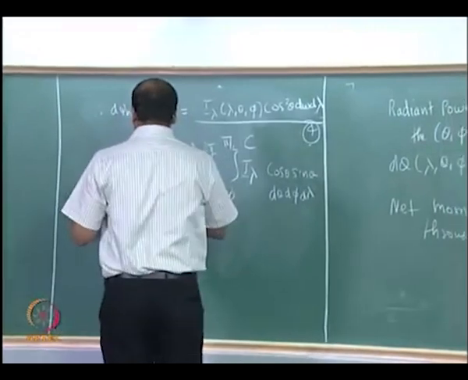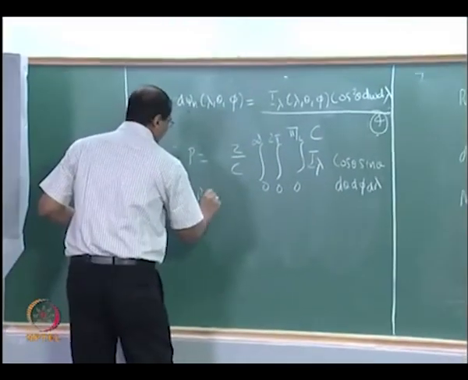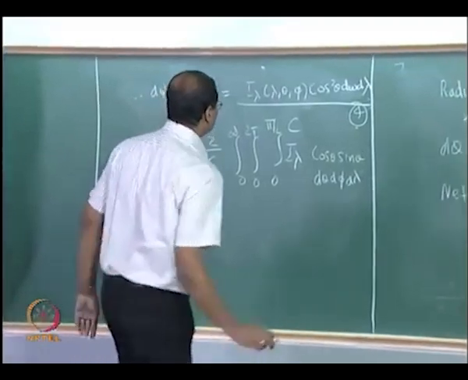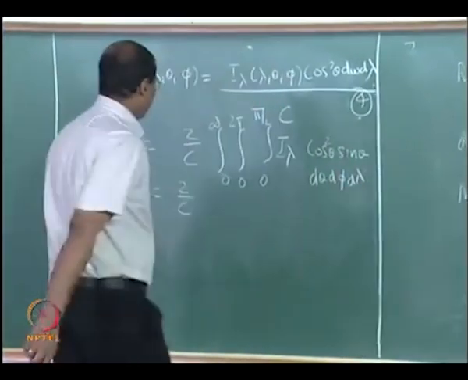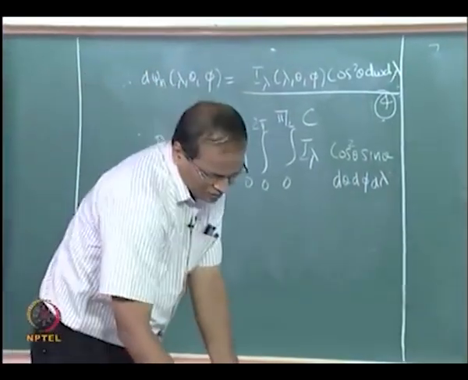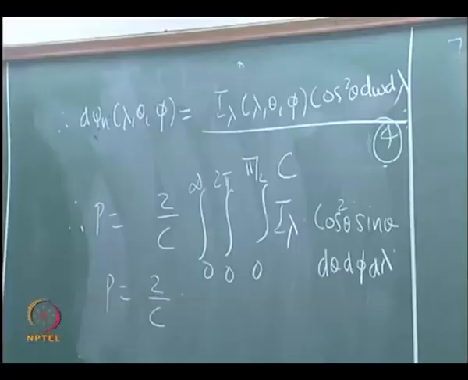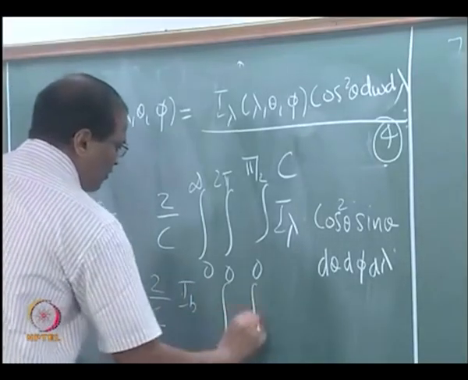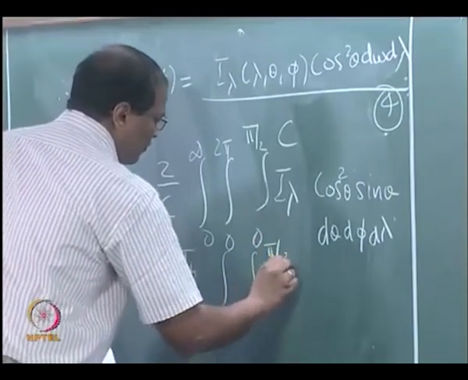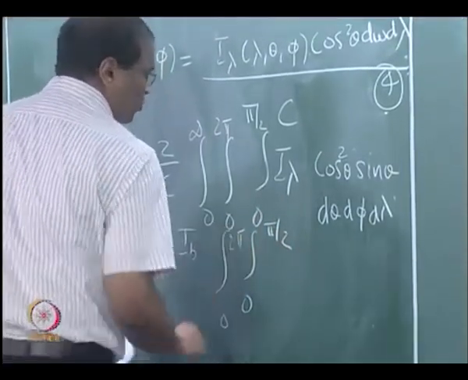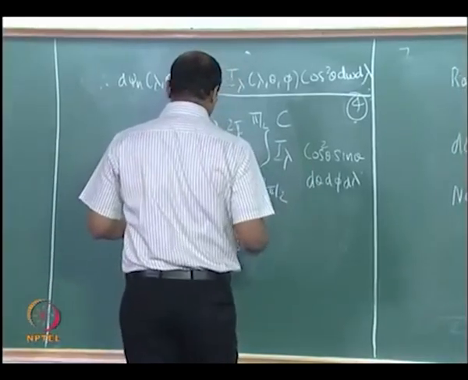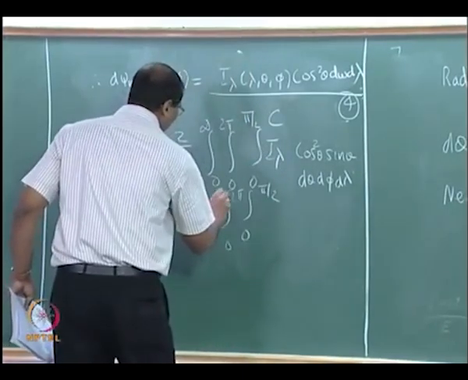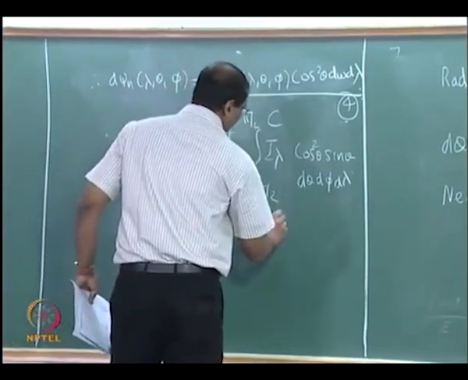Now for a black body, cos squared. Okay, now this will be given by P by 2C, and for the black body we can do the IB over 0 to 2 pi. I can do the 2 pi also, right, cos squared theta.